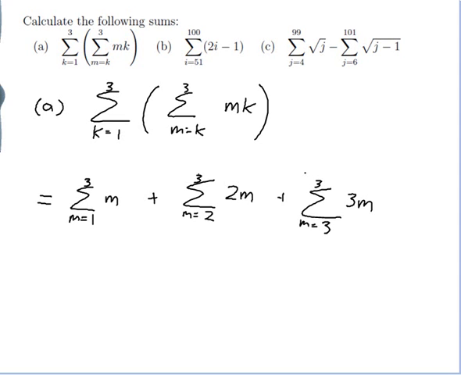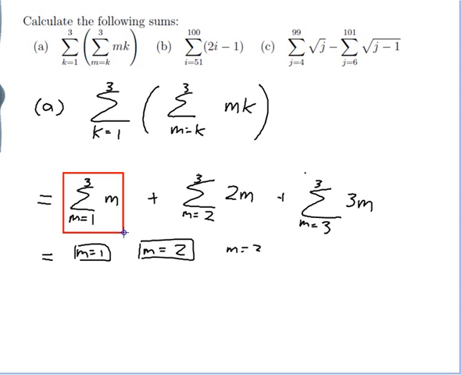So this first one here is the sum from m equals 1 to m equals 3. So let's see. m equals 1, m equals 2, m equals 3, and we add up m.